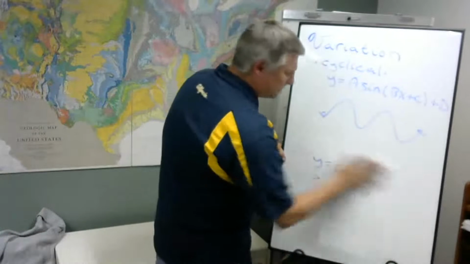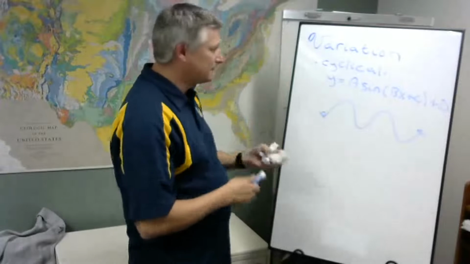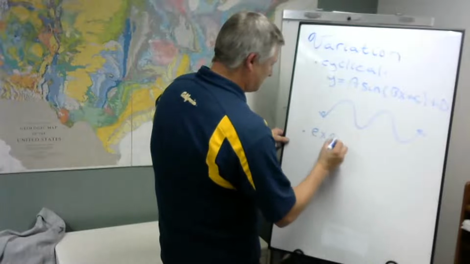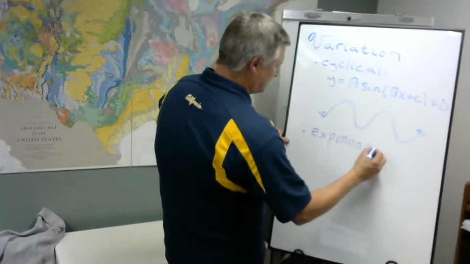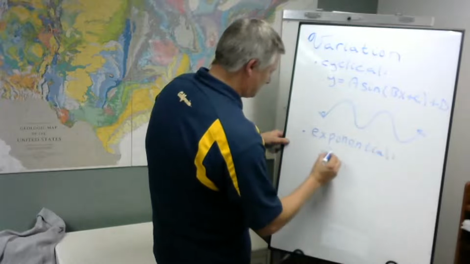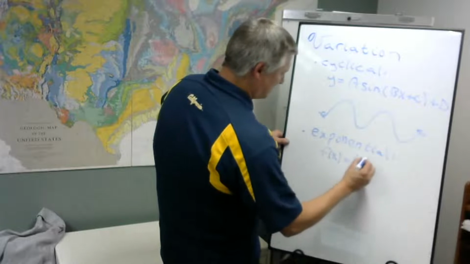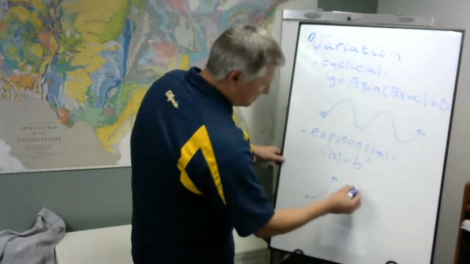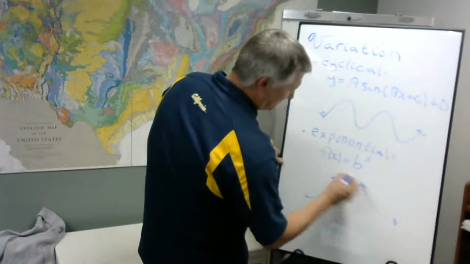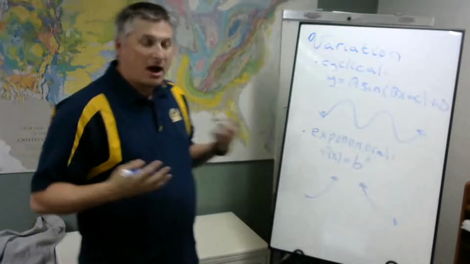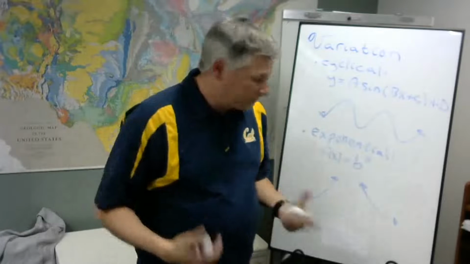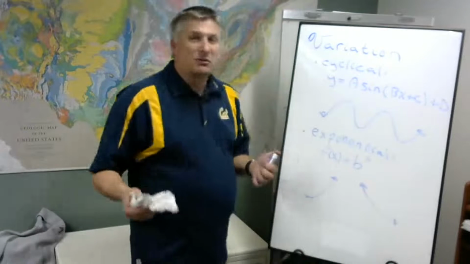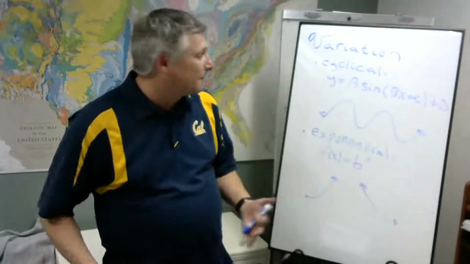We have exponential functions, and we'll see these in section 4.1. And these typically look something like this, or maybe something like this. So again, these are phenomena we see in the world around us. We can describe them using these kinds of models.